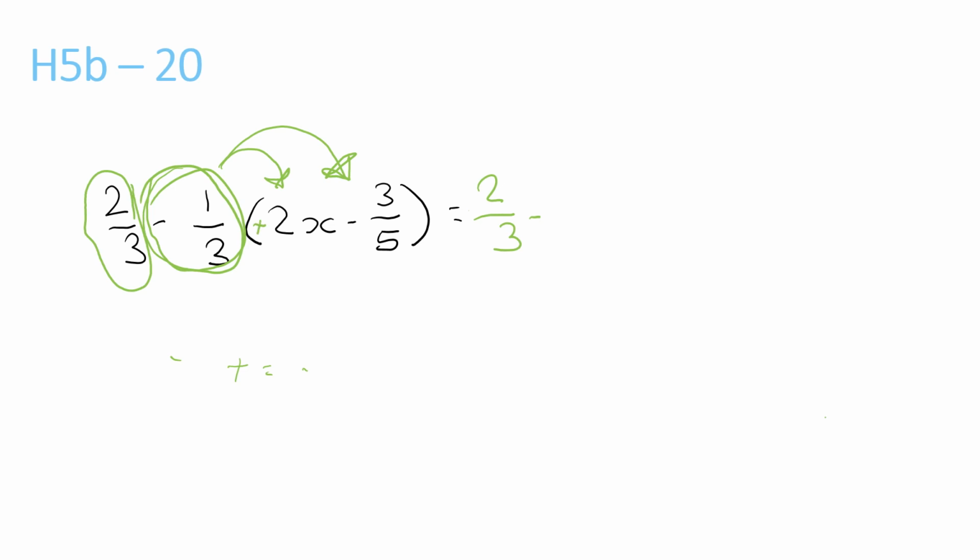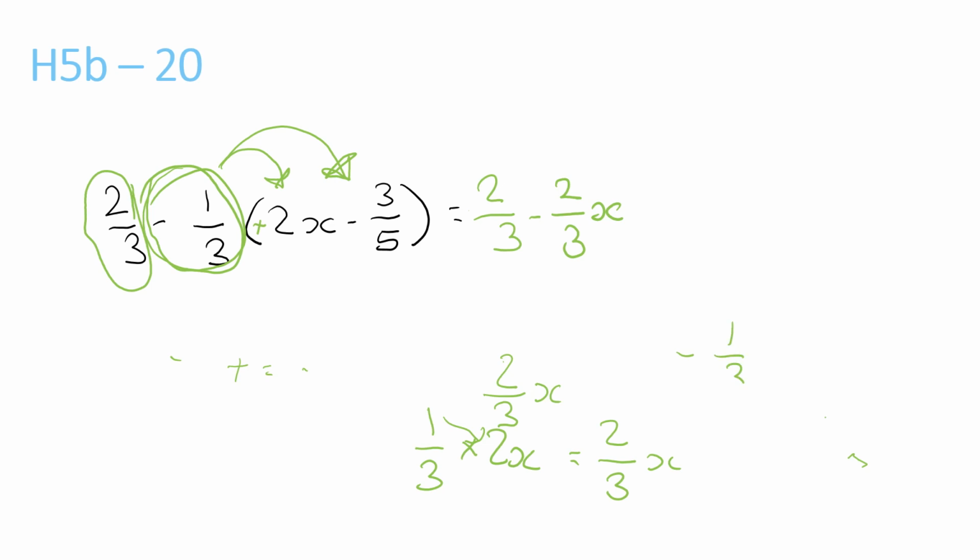So you do 1 over 3 times 2x, which would just be 2 over 3x. You could probably work that out. 1 times 2 is 2, so it'd be 2 over 3, then you just put the x there. So minus 2 over 3 minus 2 over 3x, and then you've got to do the last part, minus 1 over 3 minus 3 over 5.